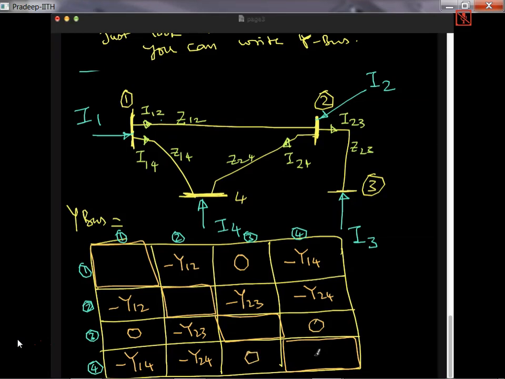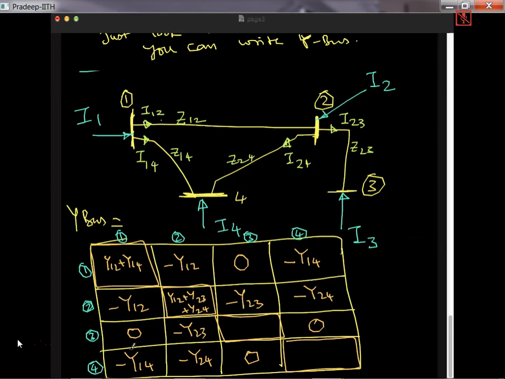Now only the diagonal elements are remaining. So how to do the diagonal elements? Just add these and remove the minus sign. Whatever is there in this row, y12 plus y14. Again add all these three elements: y12 plus y23, and so on.